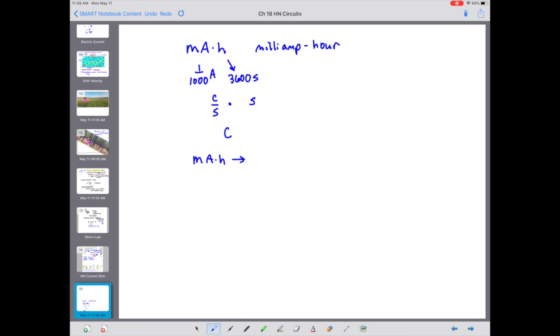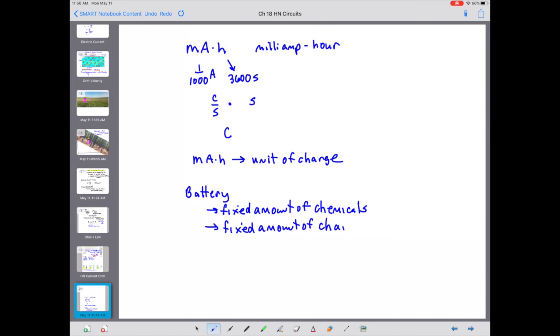And so a milliamp hour is actually a unit of charge. But it is commonly used with batteries. And the reason is because in a battery, you have a fixed amount of chemicals. And if you have a fixed amount of chemicals, that means you have a fixed amount of charge that can be pushed as a result of this chemical reaction.